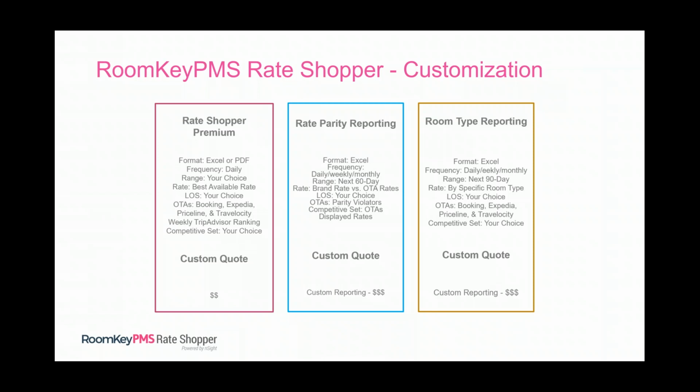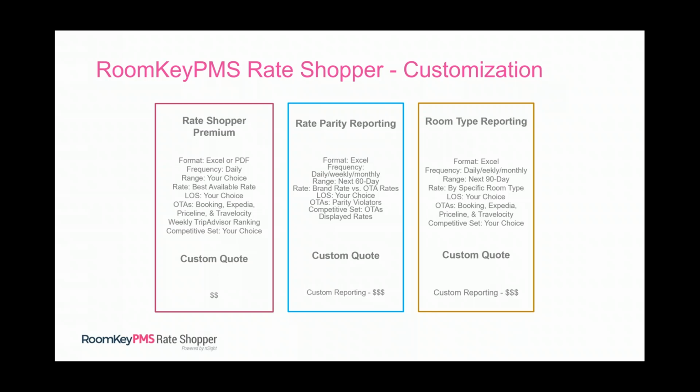So essentially, the rate parity report will flag to you which OTAs are no longer in parity over the next 90 days. And the room type reporting will provide you data based on, like I said, a specific room type of your choice.